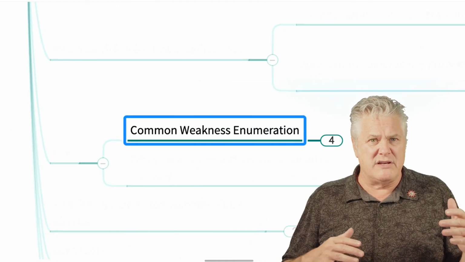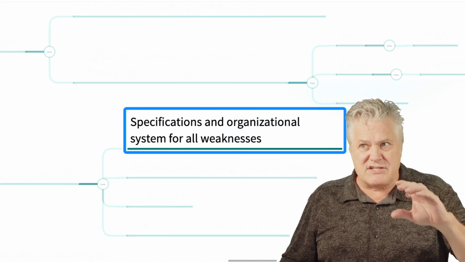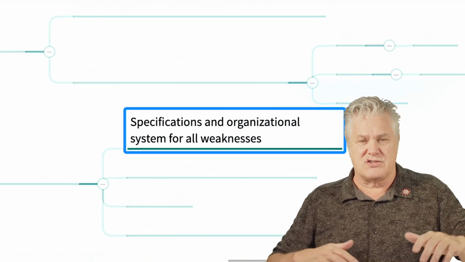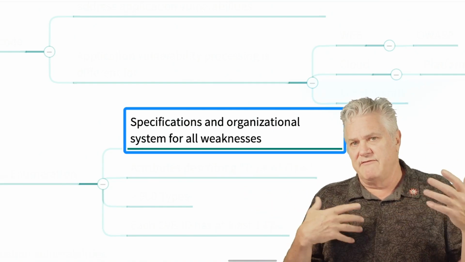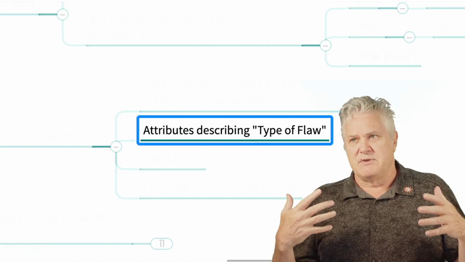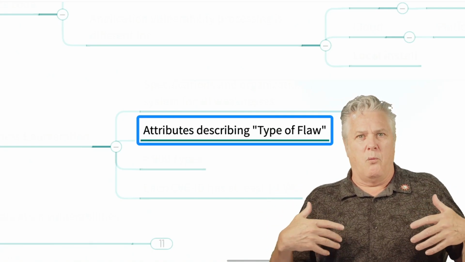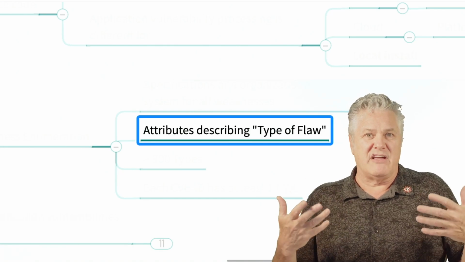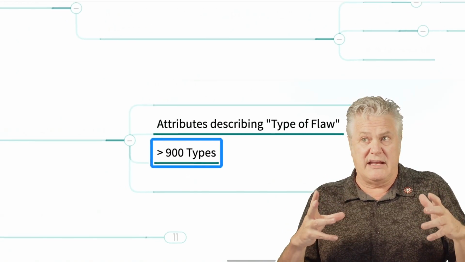This is common weakness enumeration. Now, there are specifications and organizational systems for all of these weaknesses, and we have to develop that system because we have to work with that system and figure out what the type of flaw is that we're dealing with here. And we're going to get good at that internally.